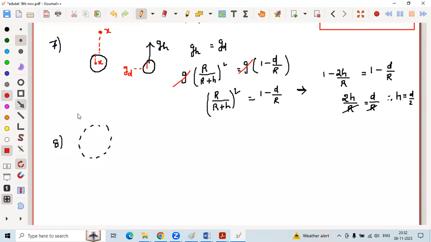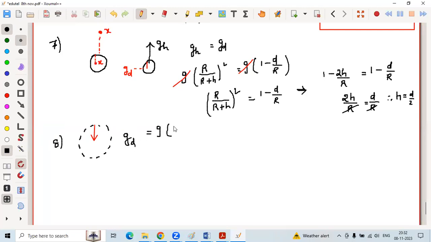You are going to reach the center. How much distance should I walk? At least tell me which formula it is. Variation of height, depth, angle. Depth, sir.